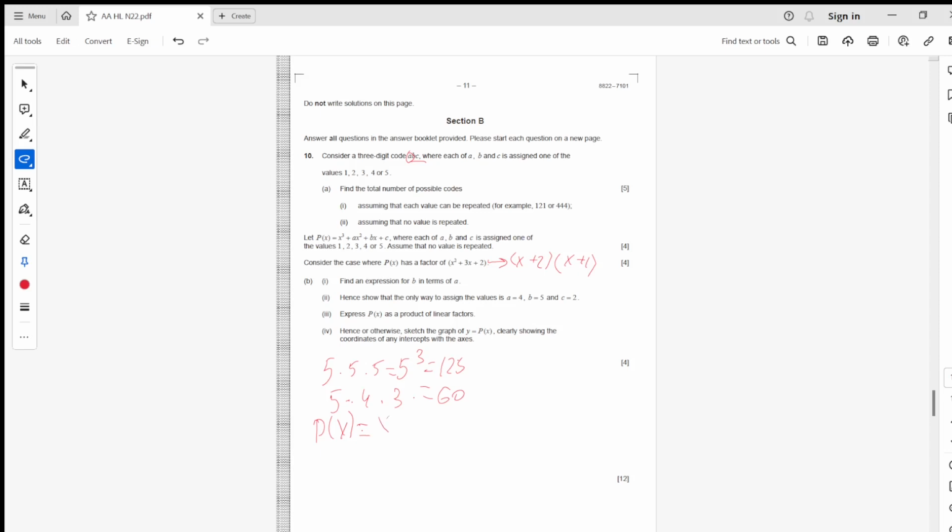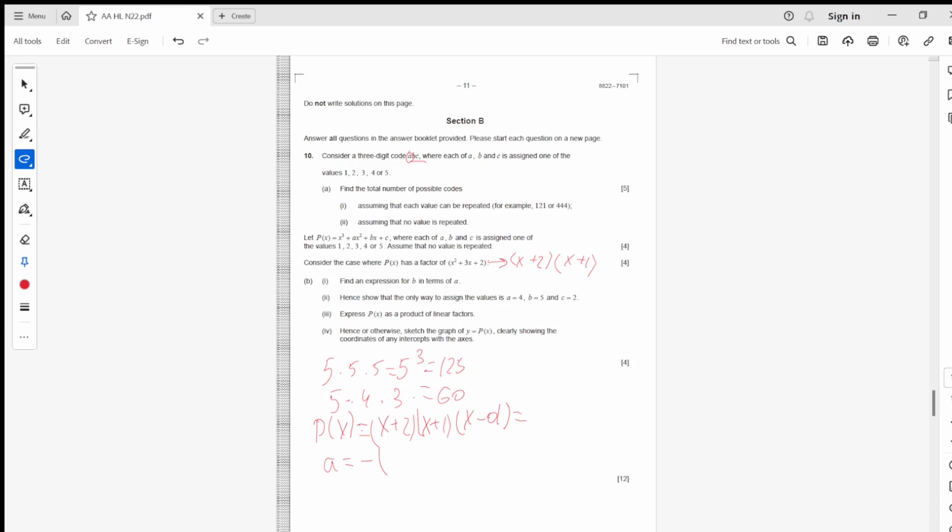Okay, so we can write it like this, and x minus d. D is our third root of this cubic equation. So for a, it's just minus the sum of all roots.